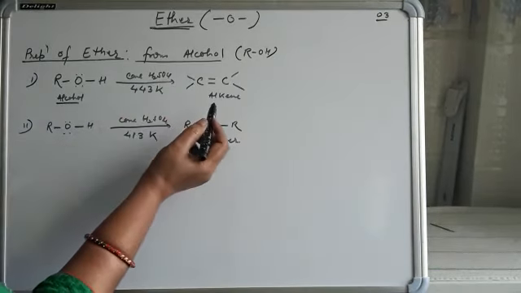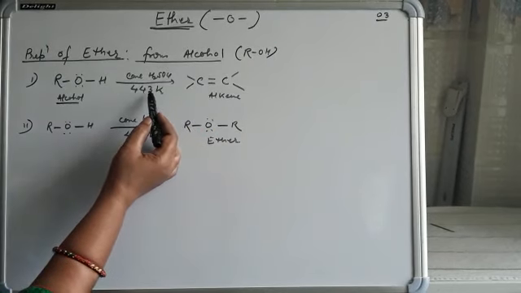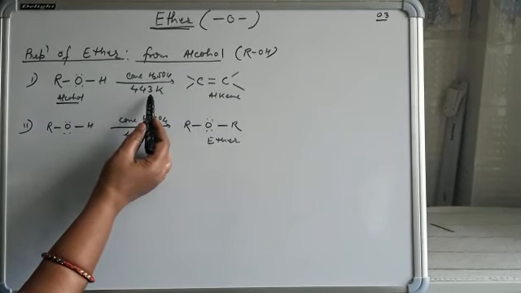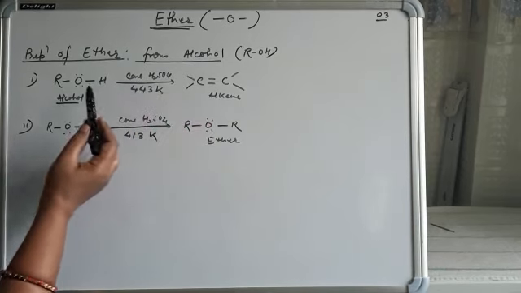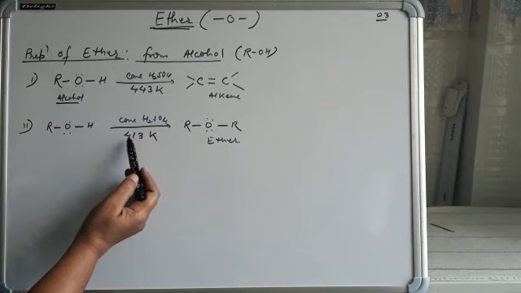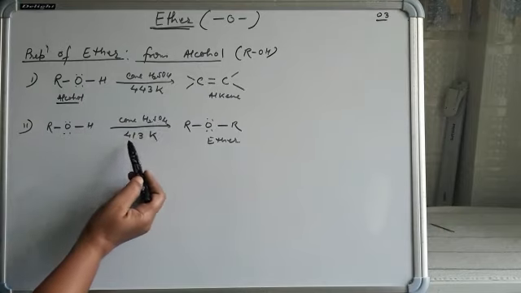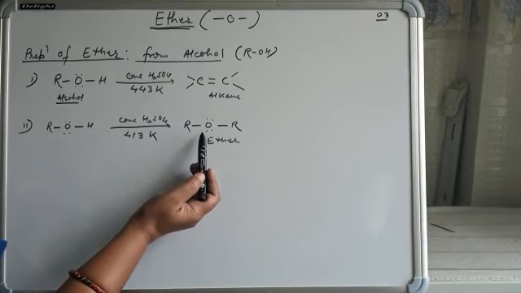At high temperature, alkene forms, at low temperature, ether forms. Remember 443 Kelvin for the formation of alkene when alcohol is treated with conc H2SO4, but at 413 Kelvin ether will form.